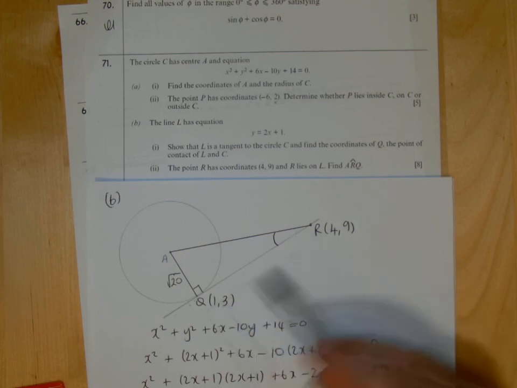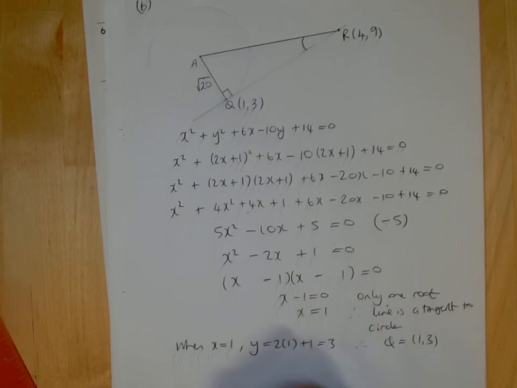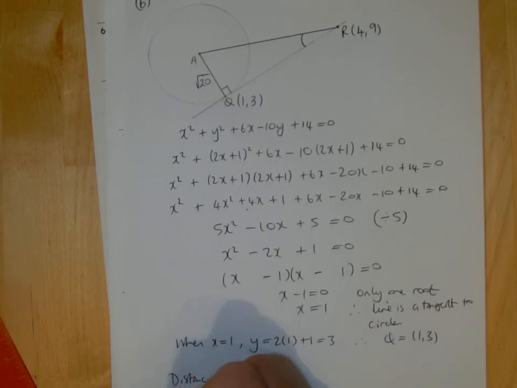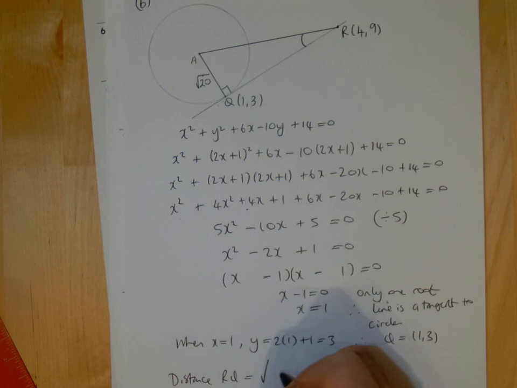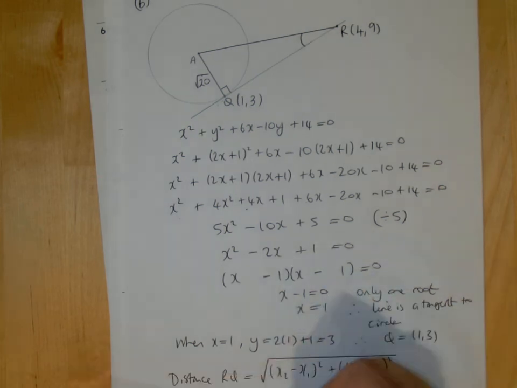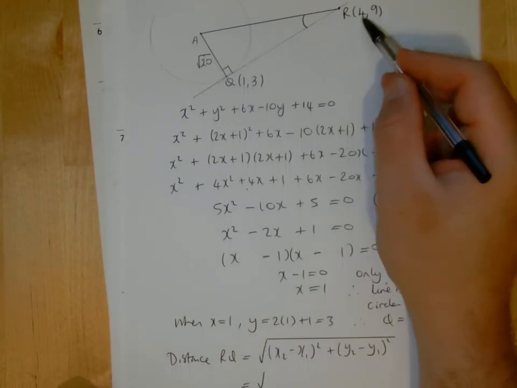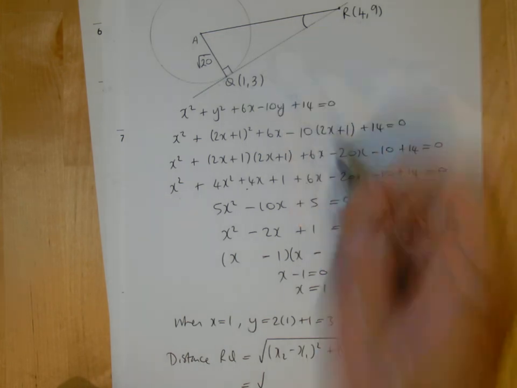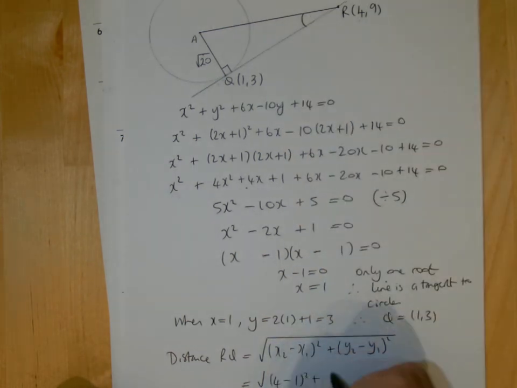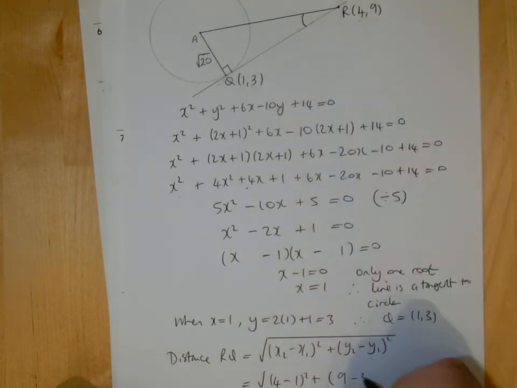So let's work out distance QR. So distance RQ will equal, remember the formula, 4, that's my x2, and my x1 is there, so 4 take away 1, all squared, and then my y2 will be 9, and y1 is 3, so 9 take away 3, all squared.